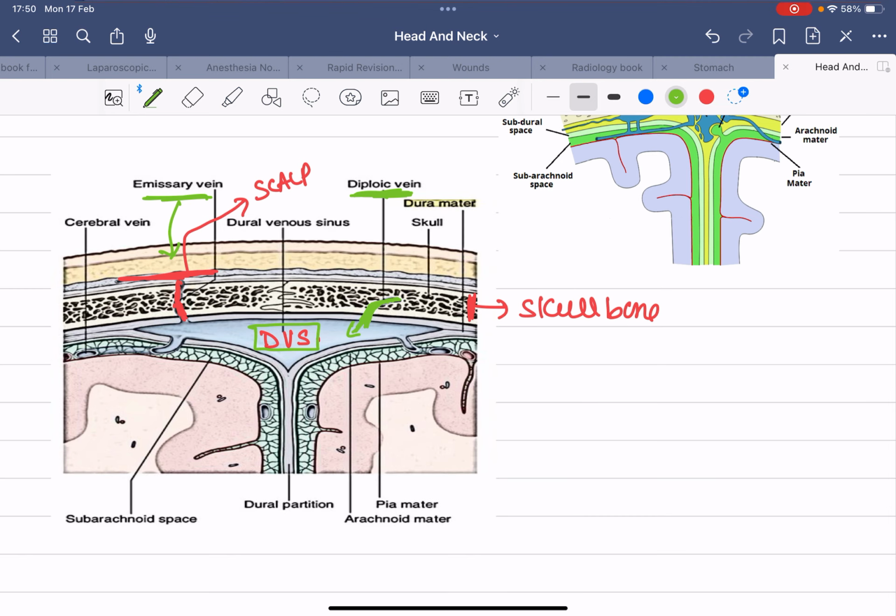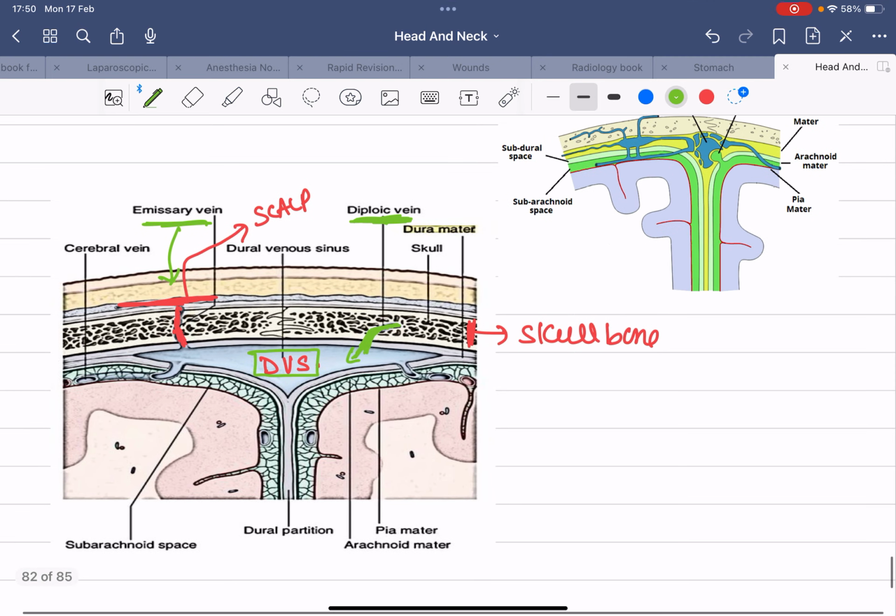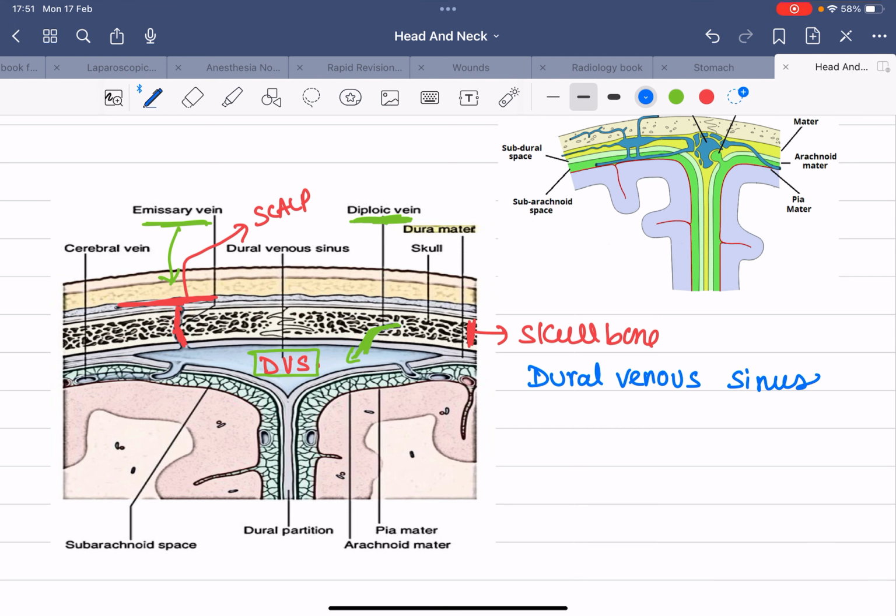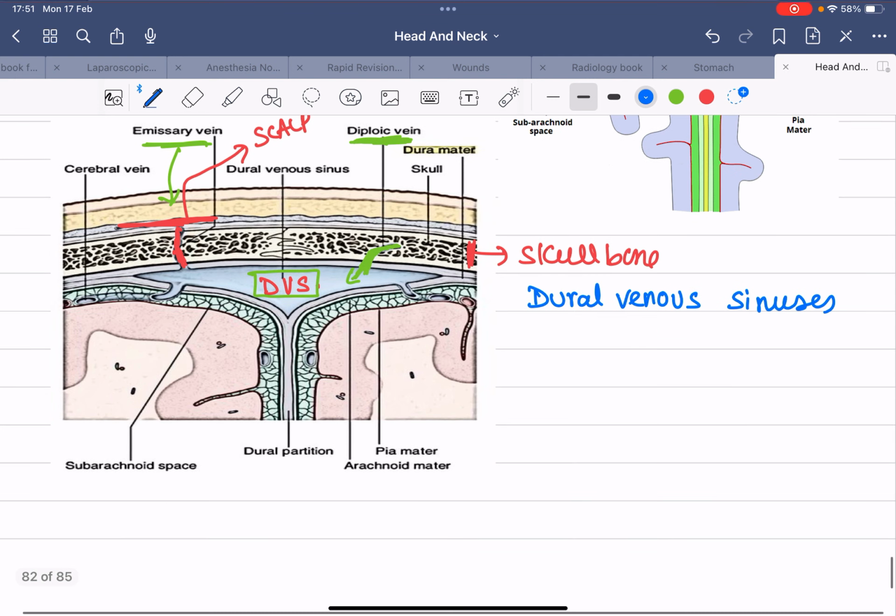Okay, so now we must know what dural venous sinuses are. So please remember, dural venous sinuses are present in a double fold of dura mater.